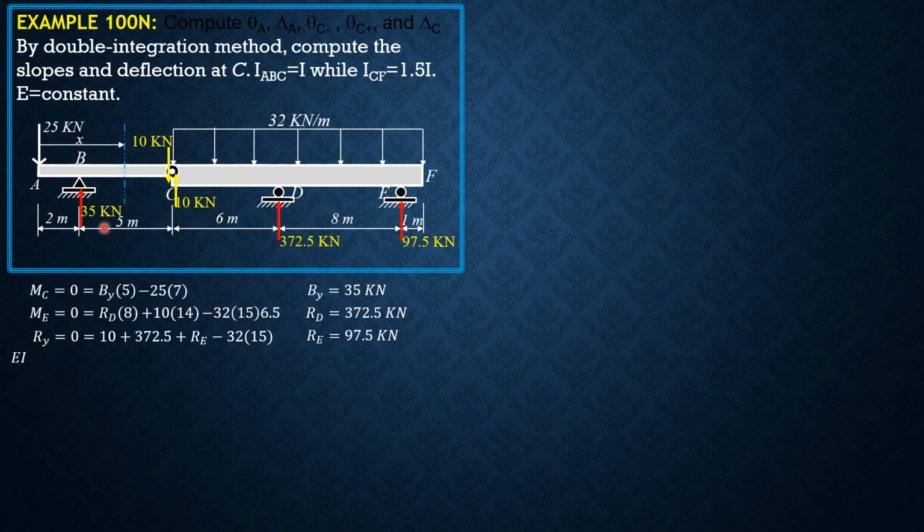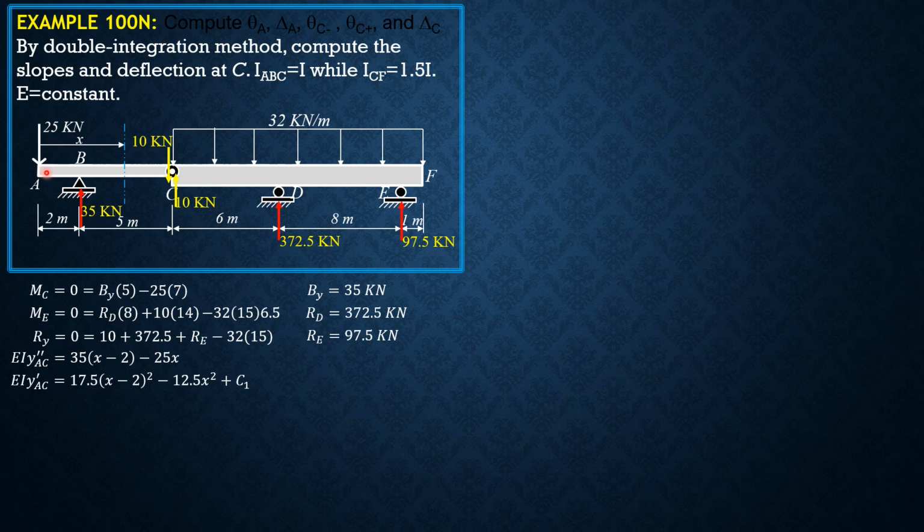So EI y double prime AC is equal to 35 times quantity x minus 2 minus 25 times x. Integrating once, EI y prime AC equals 17.5 quantity x minus 2 squared minus 12.5 x squared plus C sub 1.